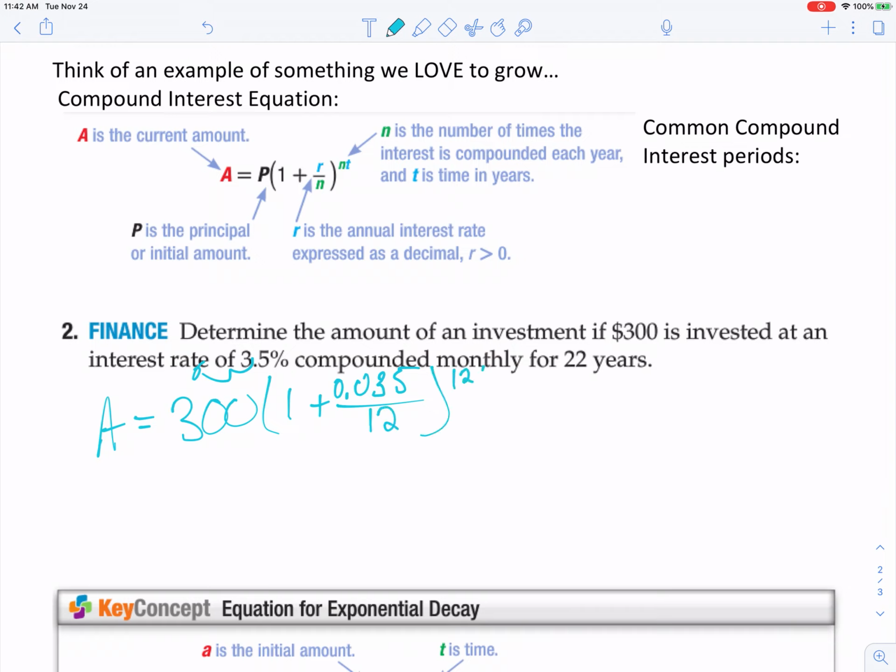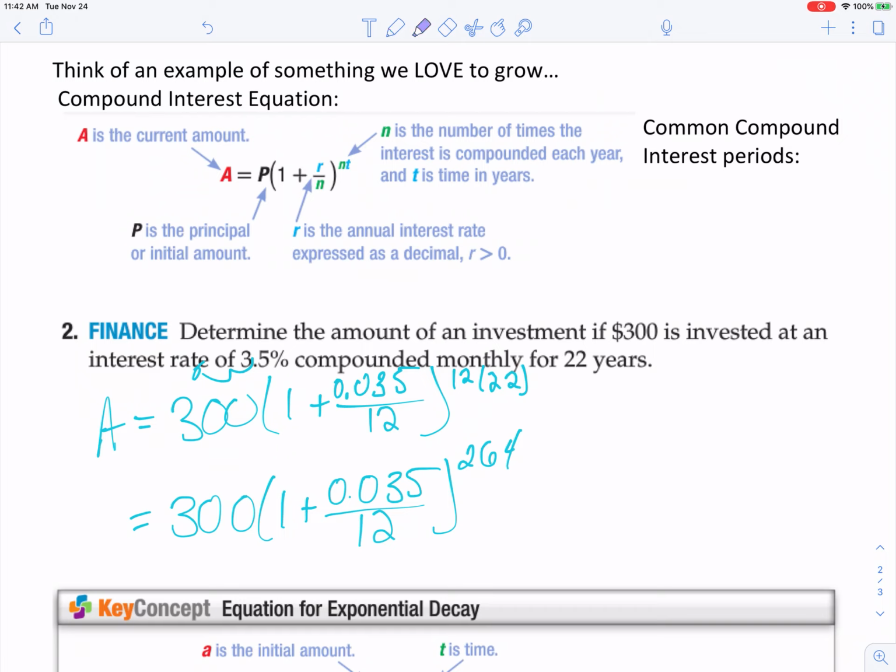And then you're going to take that 12 times t, the number of years, so times 22. Here's my suggestion to you when you're plugging these in. Take the 12 times the 22, your exponent, simplify that. I get 264.